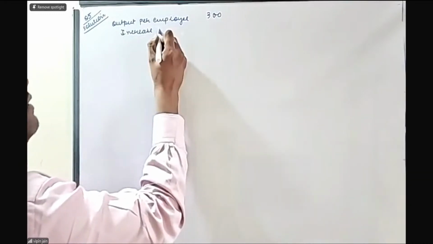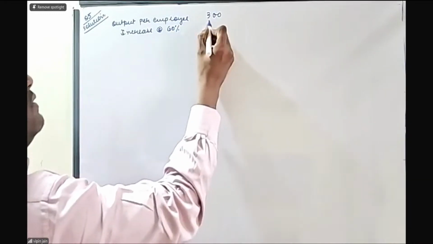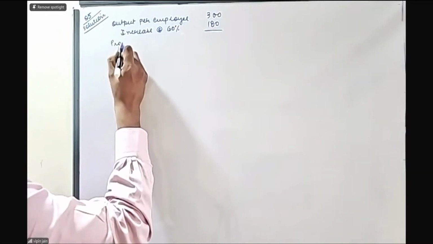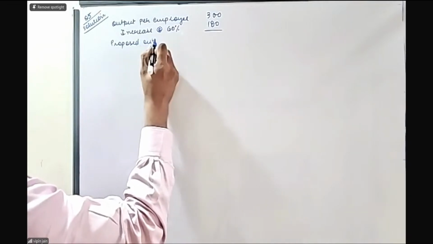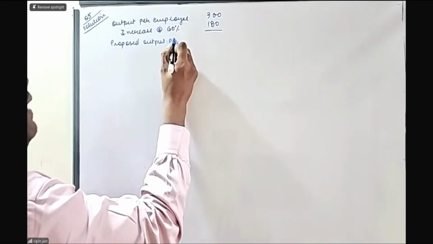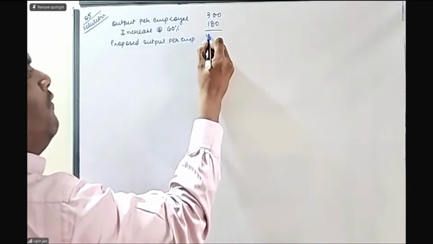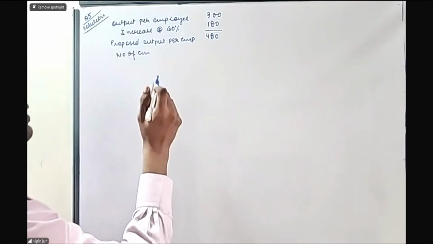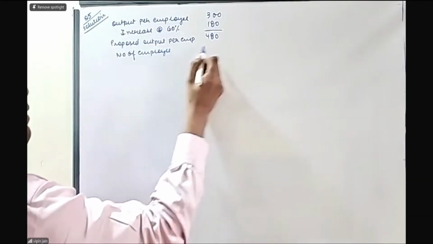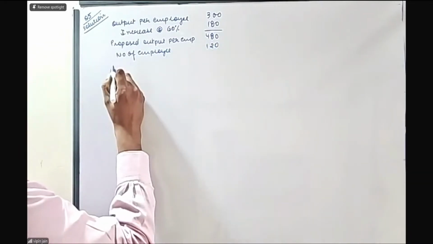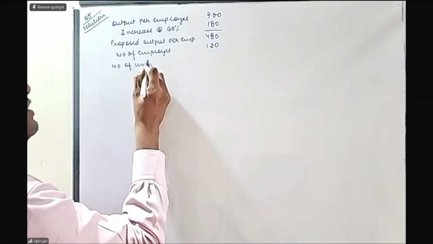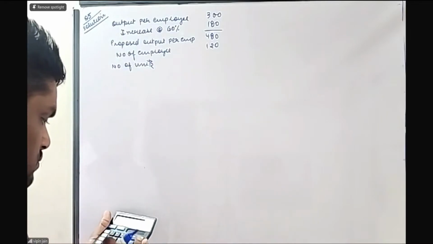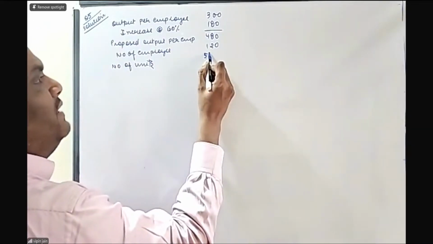Increase is how much? 60%. So that is 180. So proposed output per employee 480 into number of employees. Now the employees has been reduced to 120. So number of units will be how much? 57,600.